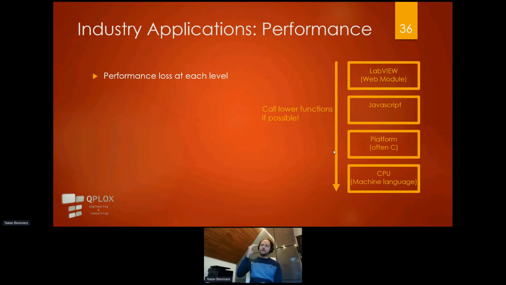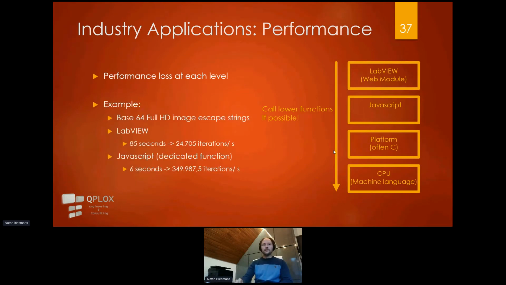Every time you go up a level, you lose performance. It's going to take more memory, something that's, for example, discussed in the LabVIEW microcontroller presentation of Derek and Jim. But so every time you go up, it takes more resources, takes more processing time. So try to go as low as possible. And I have a nice example on this.